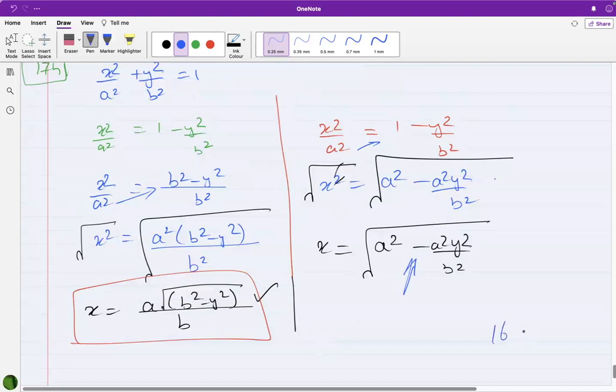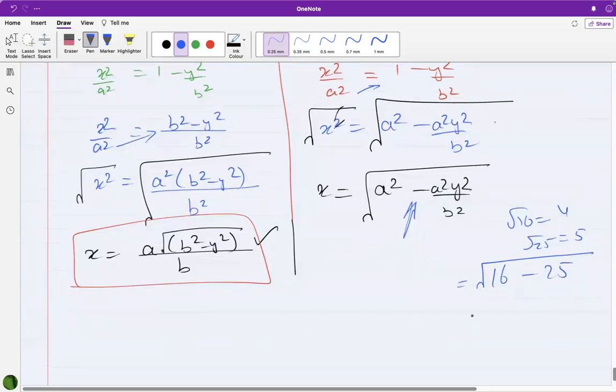For example, about the other side, we have 16 and we have 25. Individually, we know square root 16 is 4 and square root 25 is 5. But square root of 16 minus 25, we cannot do anything because of this negative sign in between. I'll have to simplify it first. 16 minus 25 is 9 and then take a square root. But unfortunately, we are dealing with variables, not numbers.